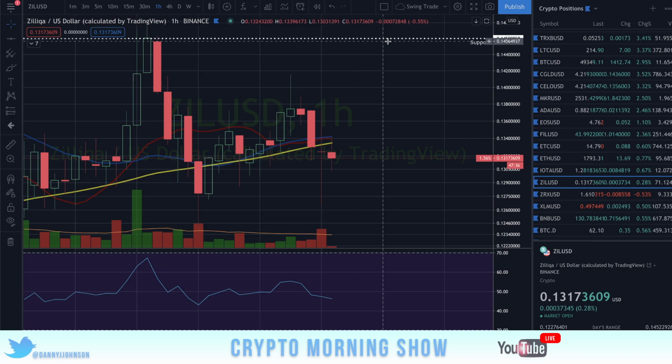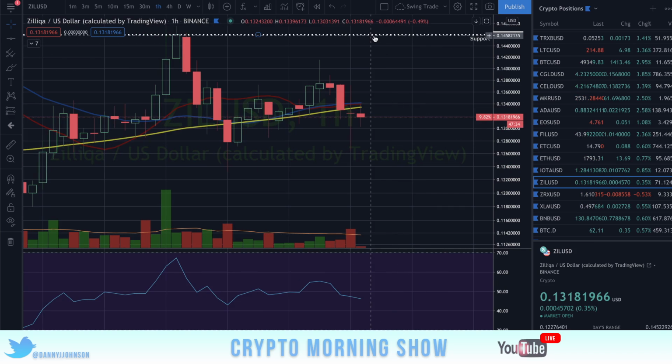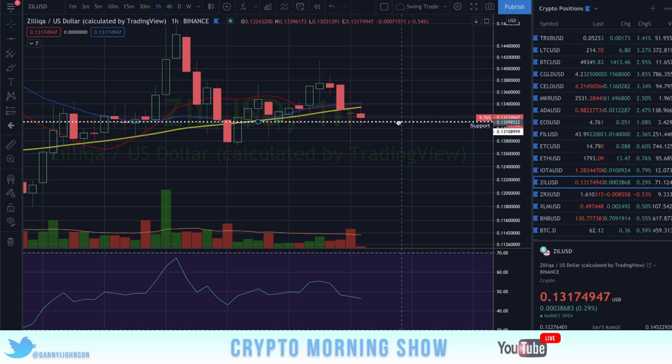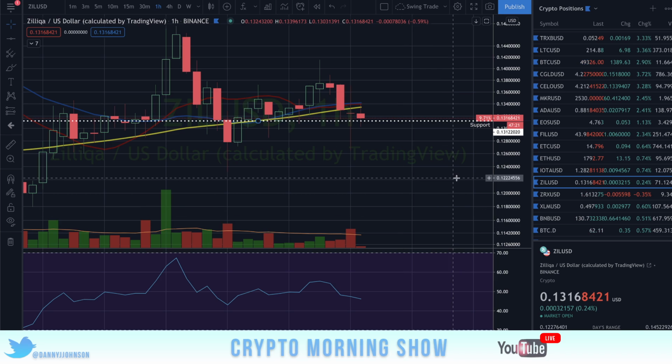CELO fell through support last night, so we'll need to adjust that one. We got all the moving averages converging above average trading volume. So first level of support for CELO is going to be in this, what is that, 0.1313.